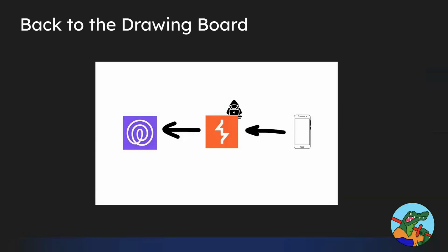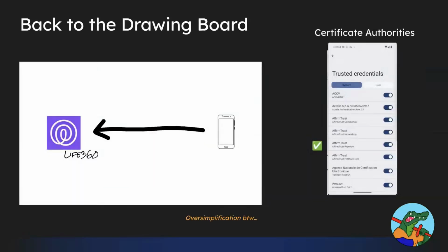Basically, this is a simplification of Yuling's talk from about three weeks ago, but your phone checks the signature of who you're connecting with before it continues the connection. For example, if your connection is safe and secure and it's clean, your phone will just make a request to Life360.